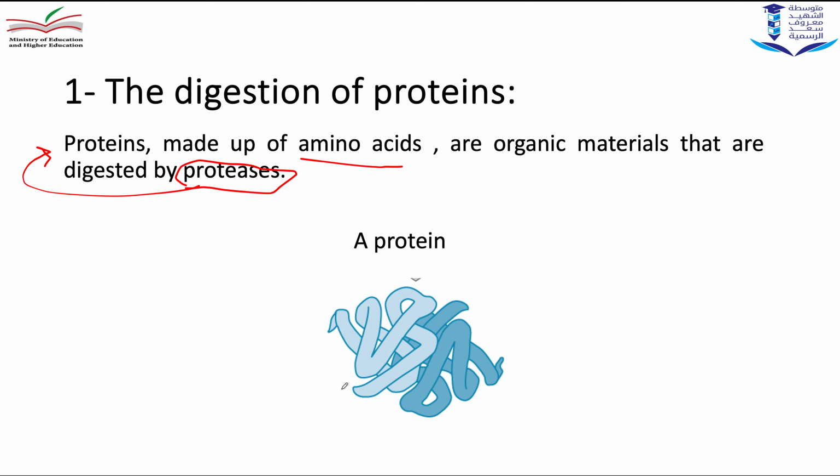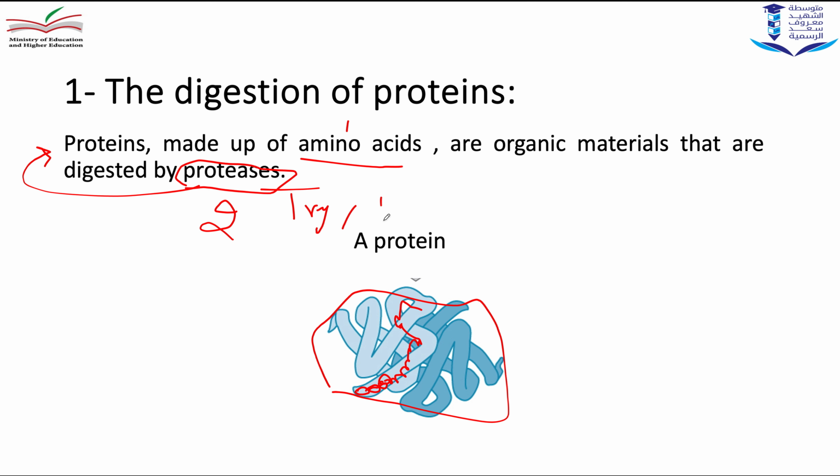This is a molecule of protein. As you can see, it's complicated. It's made up of amino acids. Here you will see a large number of amino acids. So one, proteins are made up of amino acids. Two, they are digested by enzymes called proteases, such as trypsin and pepsin.